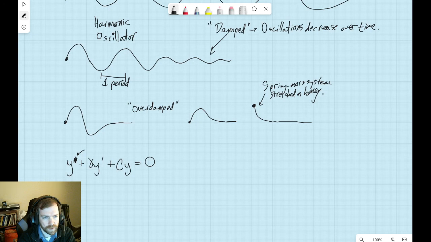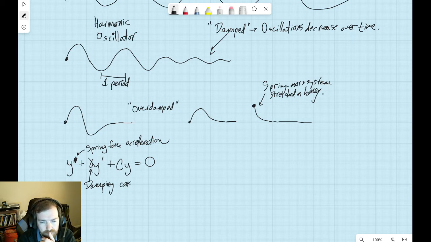So this right here is going to be your spring force acceleration. So that's our damping constant.